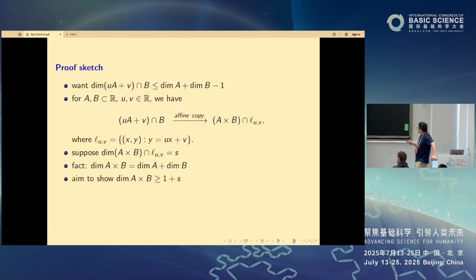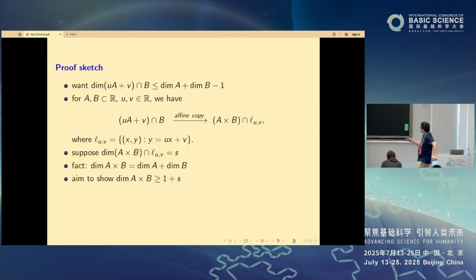Okay. So I'll talk a little bit about the proof. Let's first start with the original idea of Fürstenberg. We would like to bound this. Well, let's forget about the 0.